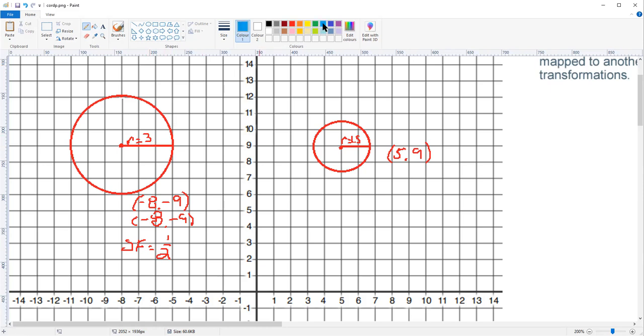If I make a little blue circle of 1/2, 1/2 of 3 here is 1.5. Now my new blue circle will be 1.5 all the way outside. So my diameter is going to be 3.